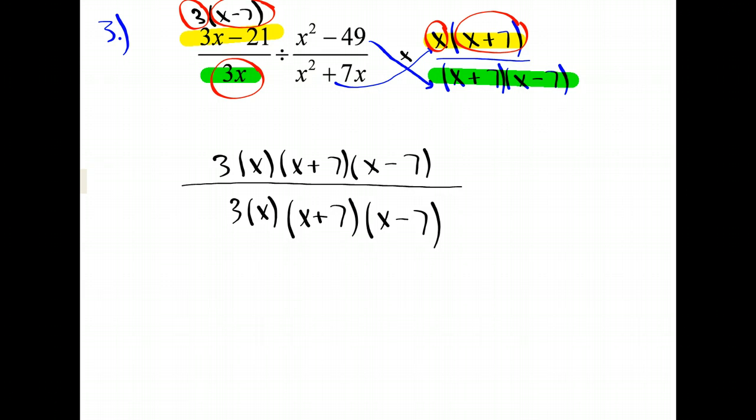The funny thing here is that I actually have the same exact stuff in the numerator and denominator all together. So that and that are 1, that and that make a factor of 1, that and that make a factor of 1, and same thing there. So really, all of this right here is equal to just 1. That whole expression is the same as just 1.